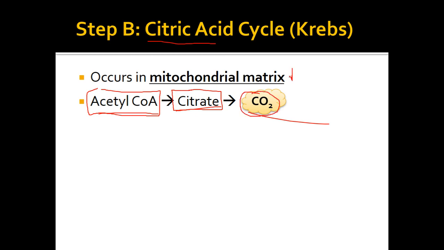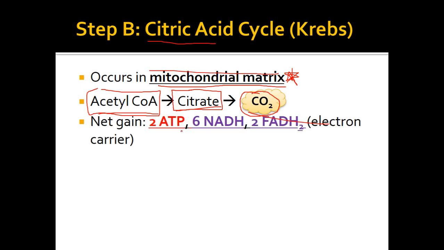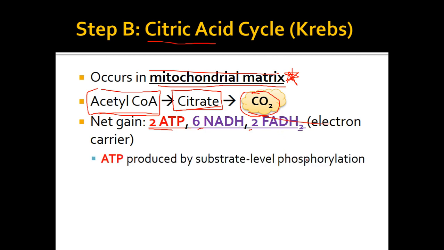You should also know that this is happening inside the mitochondrial matrix. They could ask that in a sneaky question like, which of the following is correct, and then one of the options talks about the mitochondrial matrix. So they expect you to know that it happens inside that area. Net gain of this, we gain 2 ATP, 6 NADH, and 2 FADH2. These two in purple are electron carriers.